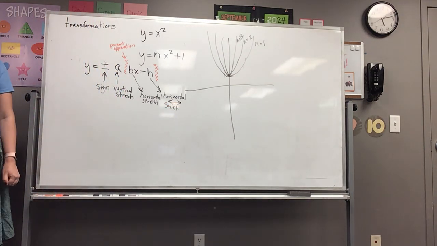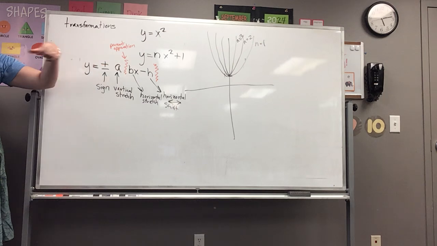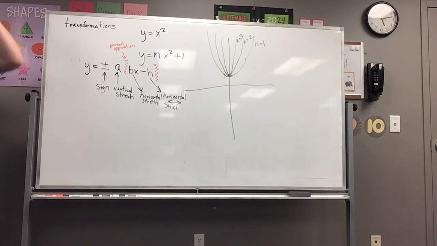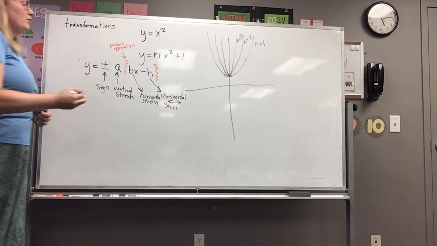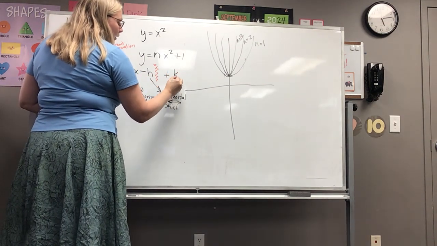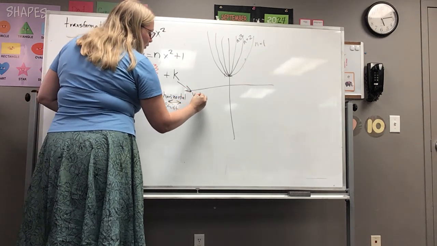So again, whether this is squared or square root or sine, any operation is going to follow these same patterns. Could be absolute value, who knows. But then finally, at the end, we have that vertical shift.